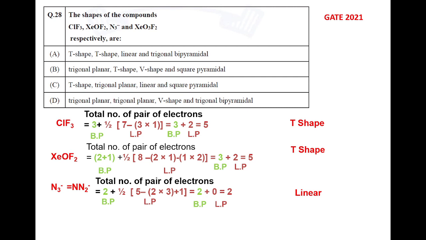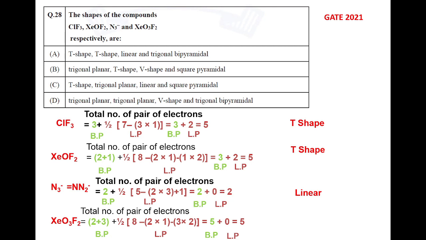Then if you consider XeO3F2, similarly by using the formula we will get 5 bond pair, 0 lone pair of electrons. Then the shape is trigonal bipyramidal. So these are the shapes of the four molecules and the option is matching: T shape, T shape, linear, trigonal bipyramidal.